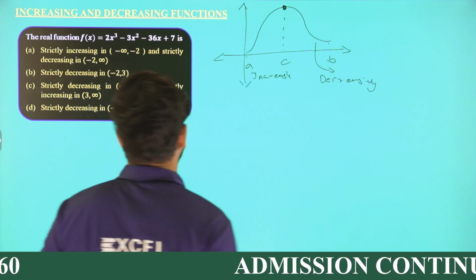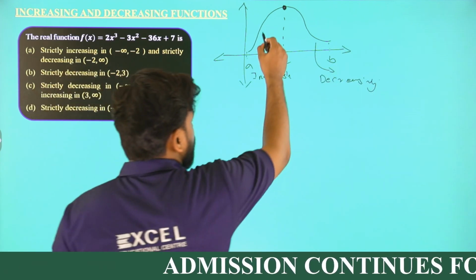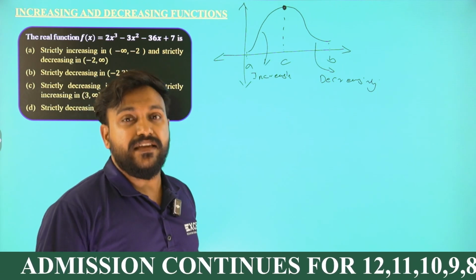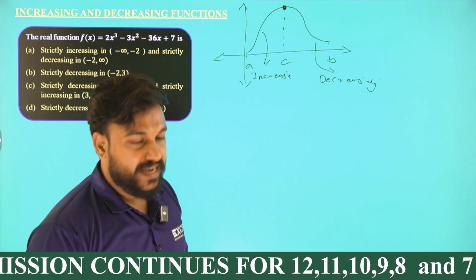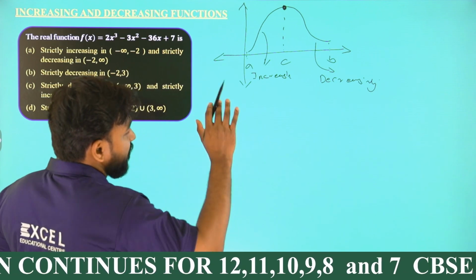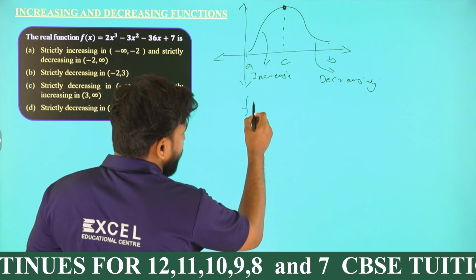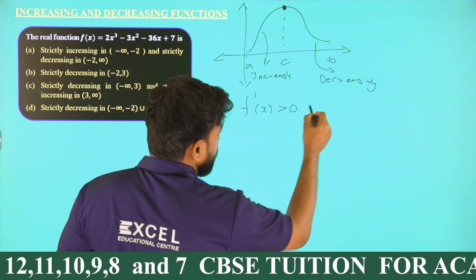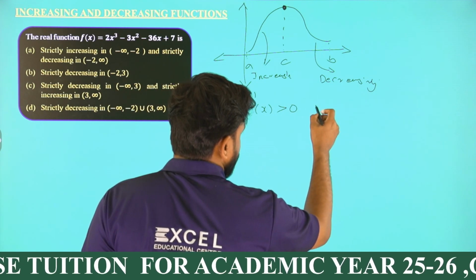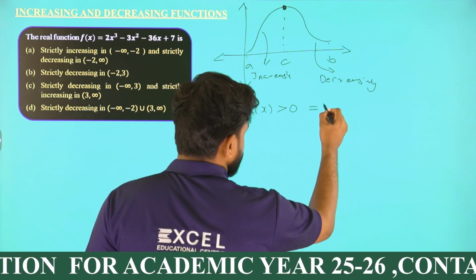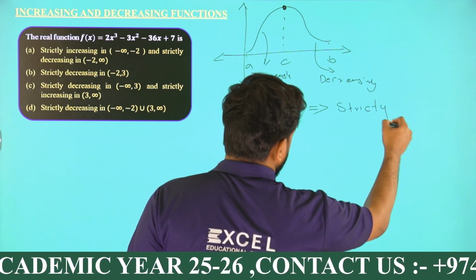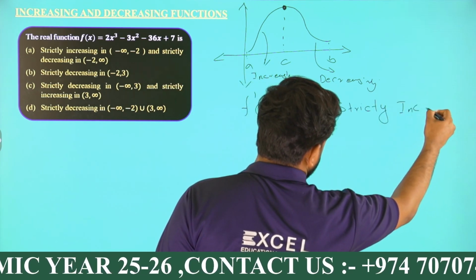Listen very carefully. So I think you heard strictly increasing and strictly decreasing also. I'll explain that also here. Before that, if the derivative of a function is greater than 0, we say it is strictly increasing.